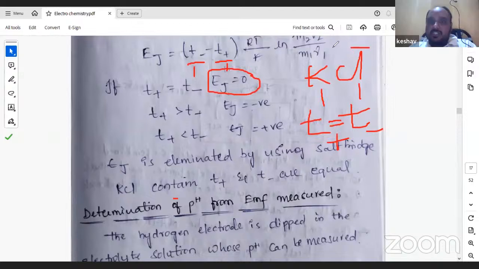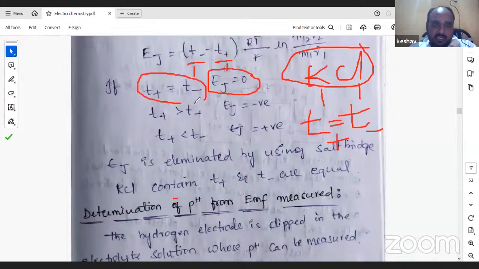Whenever the solution used in the salt bridge has the same transport numbers, at that time, there is no liquid junction potential. That's why with the help of salt bridge, we can easily eliminate liquid junction potential. All of you understand?